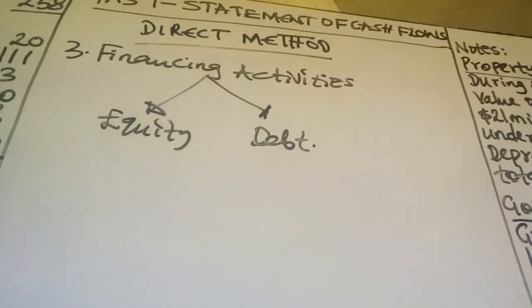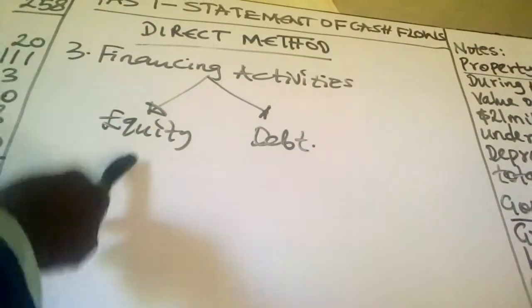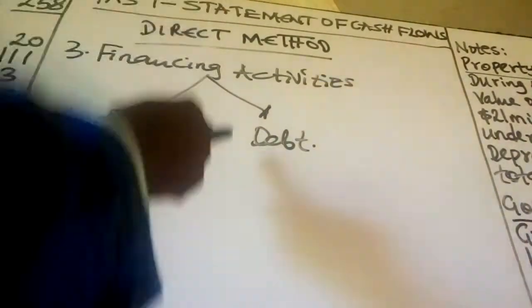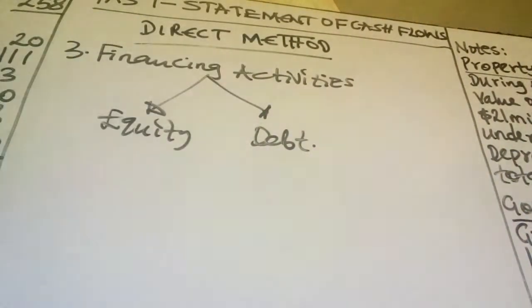So these are activities that arise from the way the business is financed, with a composition of equity and debt. Financing activities are activities that arise from the changes in equity and long-term borrowings.